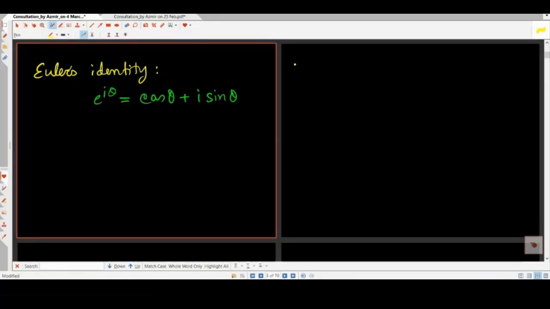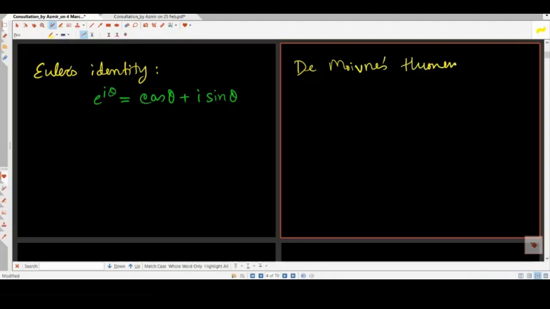We have to know what de Moivre's theorem is. De Moivre's theorem is mainly about cosine theta plus i sine theta to the power n.